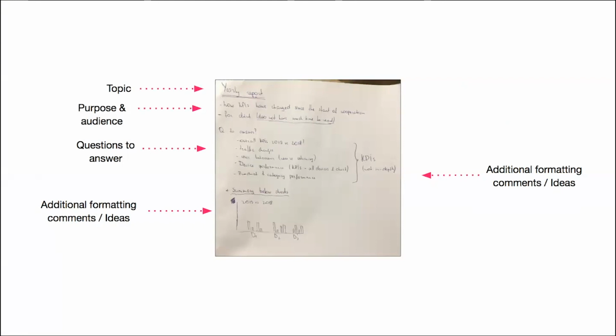Also, I noted questions I want to give answers to. And usually in these kinds of sketches, I share some comments and ideas, just some random ideas. For example, the color scheme I want to use, or some charts I want to include. This kind of chart might take a bit more time to prepare.